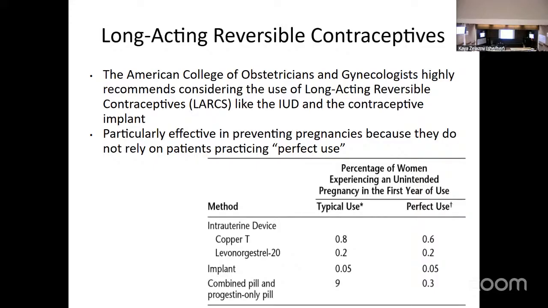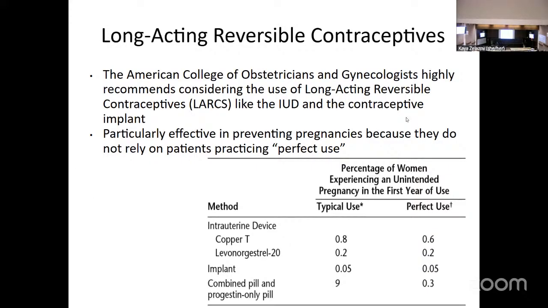So when I say they don't have to be perfect, a lot of the other contraceptive methods involve sometimes unrealistic standards, because you have to take a pill at the same exact time every day. You have to put on a condom well before there are any sperm anywhere near the female reproductive tract. And that's not always what actually happens in people's lives.